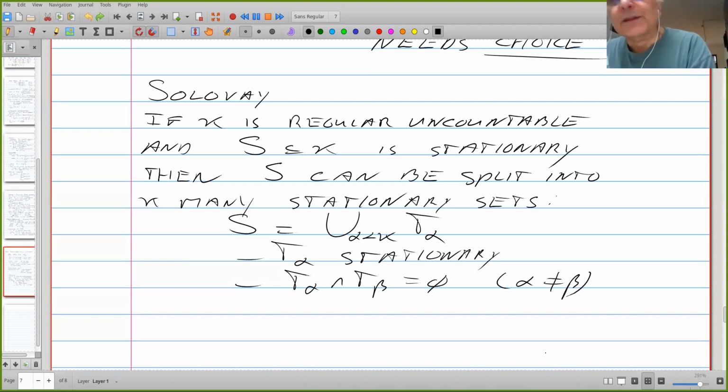But as you will see, that takes a little bit more work than the construction that you will see in the homework of those two disjoint ones.